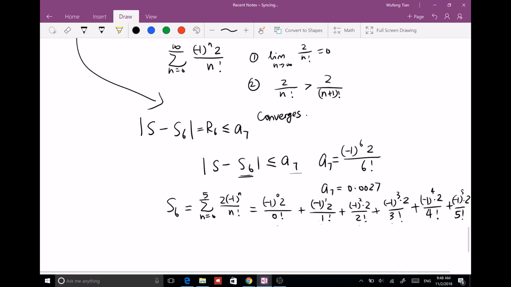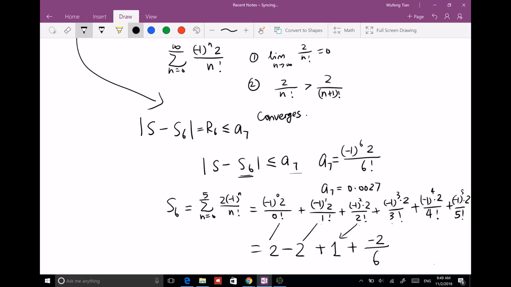You can use a calculator. The first one is 2 over 1, which is 2. This is 2 minus 2, plus 2 over 2 which is 1. Plus this one gives you 2 over 6, since 3 factorial is 6, with negative 1 to the power 3 giving negative.